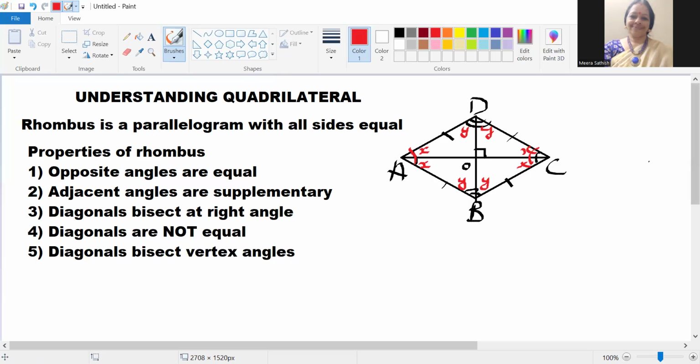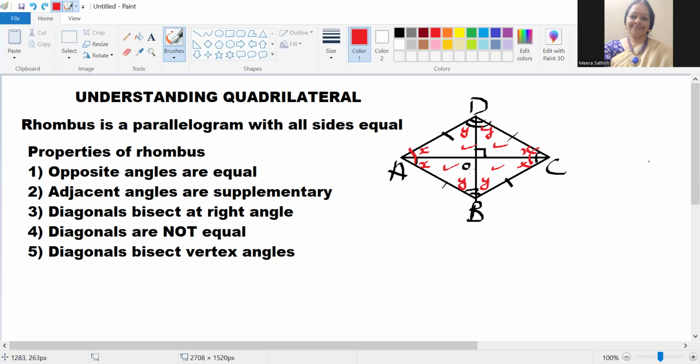So you can see that each of these triangles is a right-angled triangle. And if you take the triangle ABC like this, it will be isosceles because AB equal to BC. So base angles equal. So these are the speciality of rhombus: diagonals bisect vertex angles.